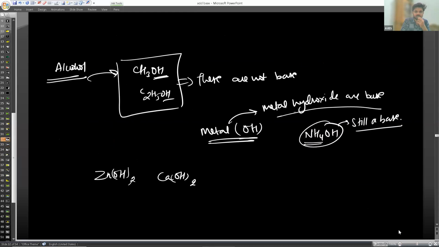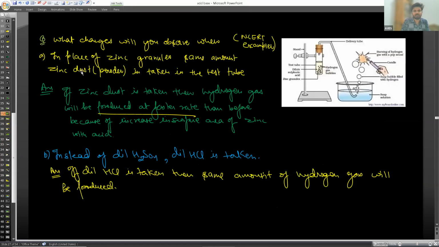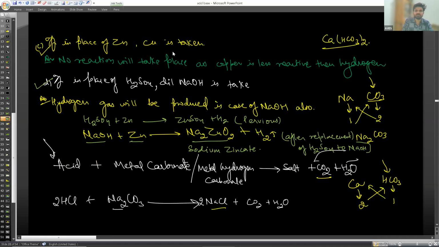Sir, we have not written all the answers. So note this one from here. You have written the one with instead of dilute sulfuric acid. Have you noted these two questions, yes or no? Yes, sir, we did that. Now do the next one. In place of zinc, if copper is taken, no reaction will take place, because copper is less reactive than hydrogen.